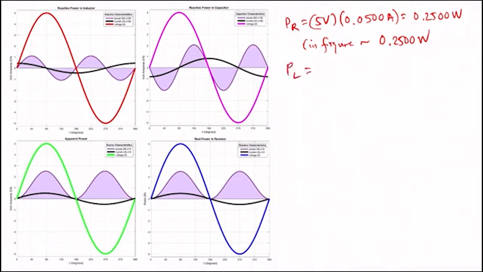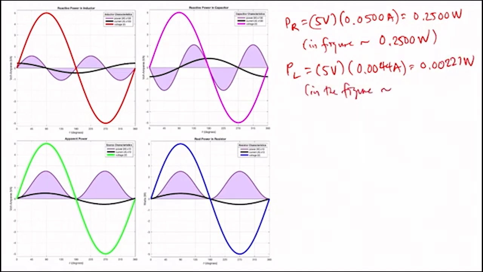Okay, and for the inductor, the power is obtained by multiplying 5 volts by 0.044 amperes. Okay, this gives us 0.0221 watts, but in the figure, this power is seen to be 0.0111 volt amperes.